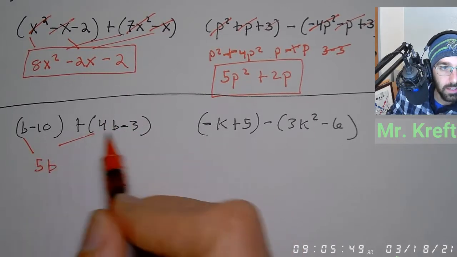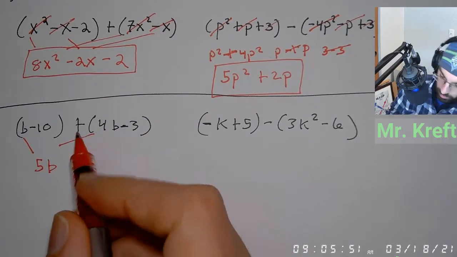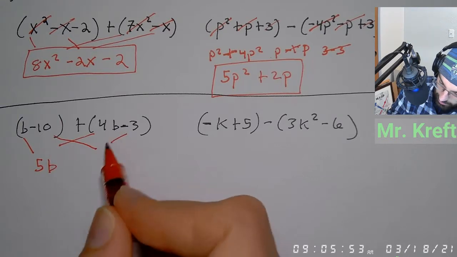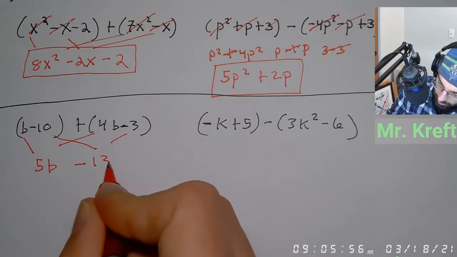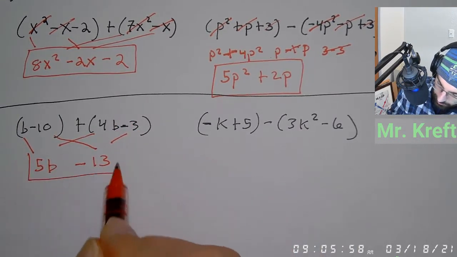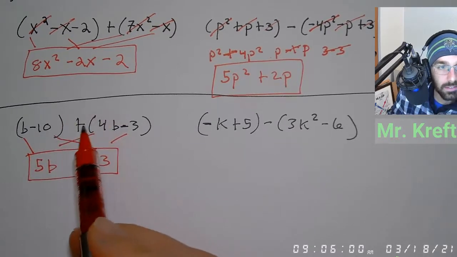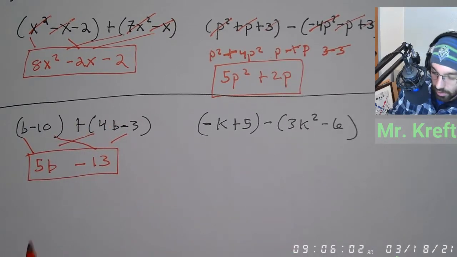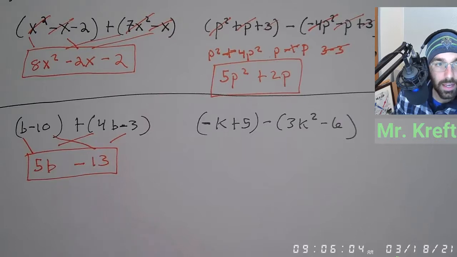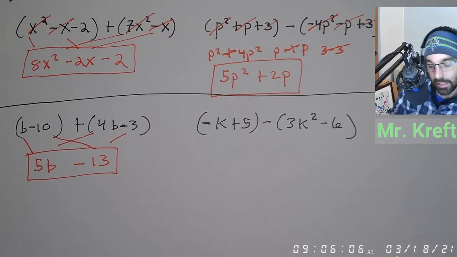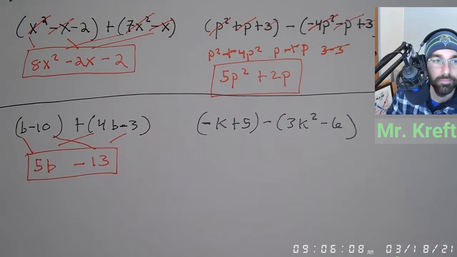Here I have -10 and here I have -3. So if I add -10 and -3, I get -13. Okay, so when we're adding, it's like you have two baskets full of things and you're putting them together and be like, okay, what do I have total?